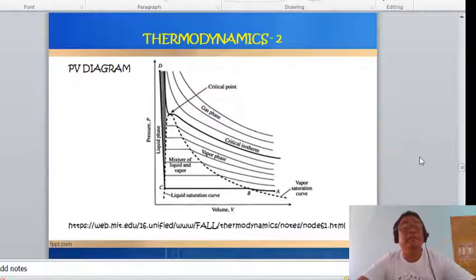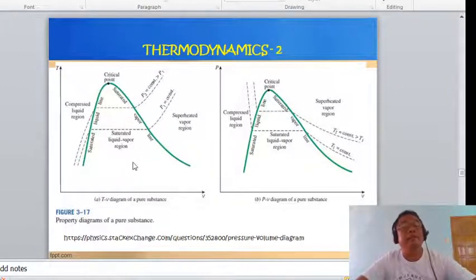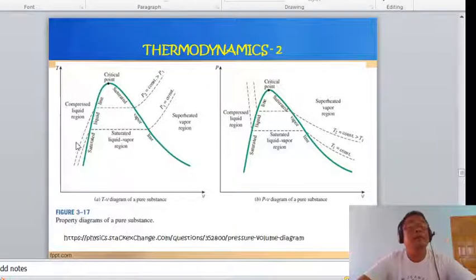Another, we have also here the TS diagram and PV diagram. At the left portion, we have the compressed liquid. We have here again the saturation line, and at the upper portion is the critical point. Take note, class, this broken line here is the constant pressure line.